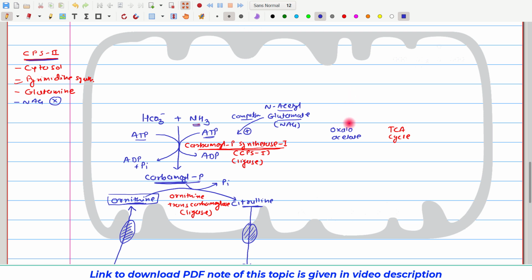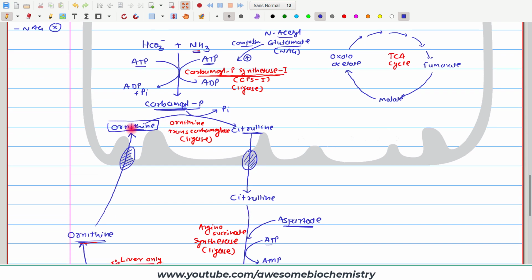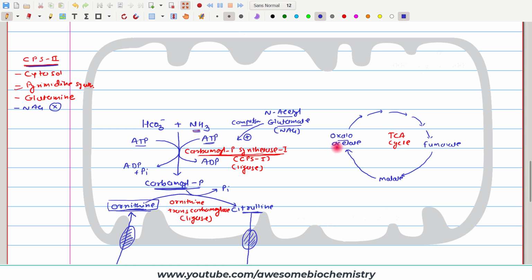This oxaloacetate undergoes multiple cyclical reactions which ultimately get converted to fumarate. This fumarate then gets converted to malate, and malate is then able to regenerate oxaloacetate. So, as you can see, in the urea cycle, ornithine is regenerated, and in the TCA cycle, oxaloacetate is also regenerated. This is a similar looking mechanism.